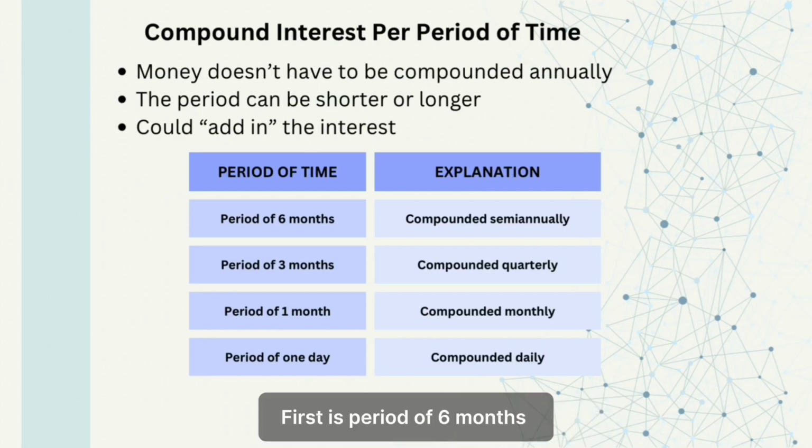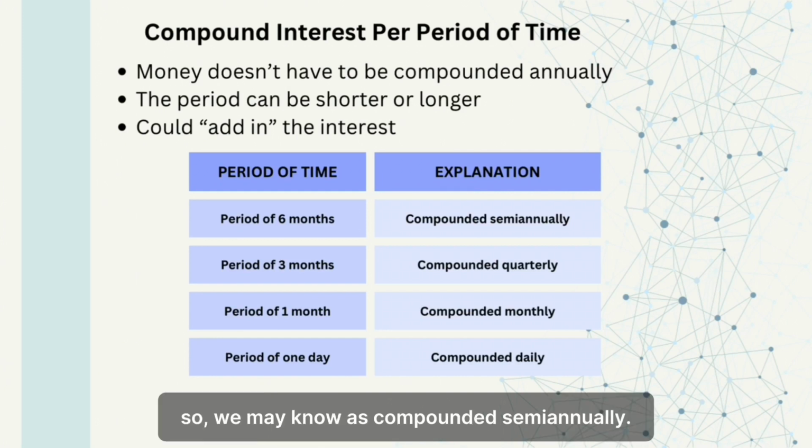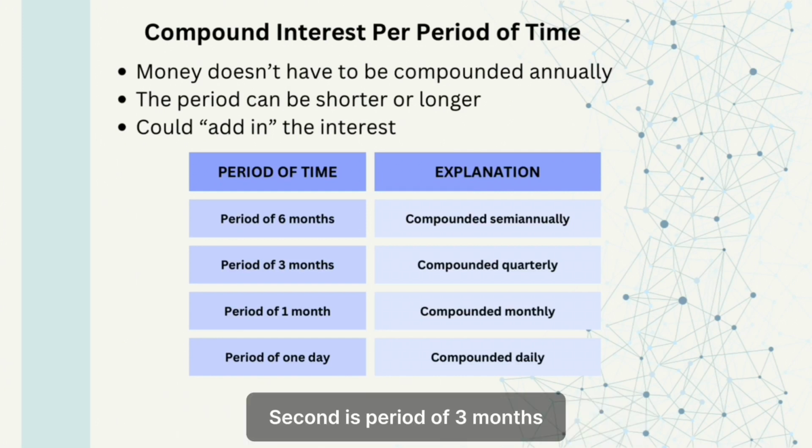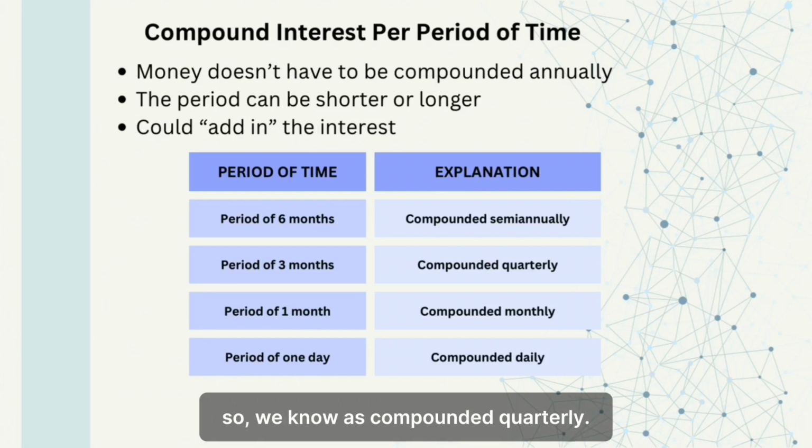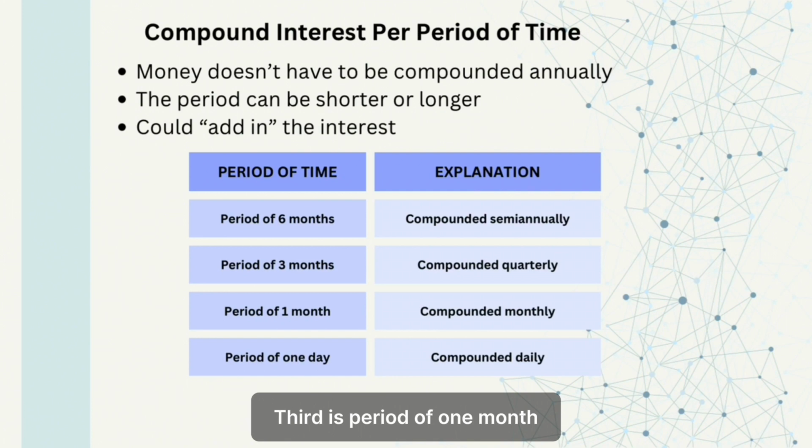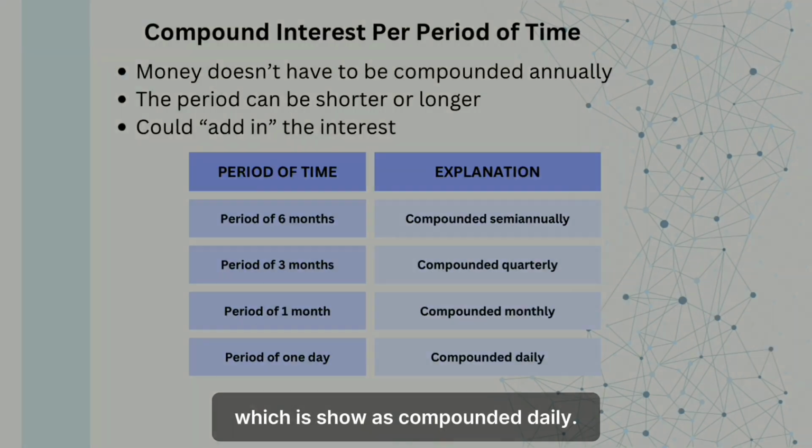First is a period of 6 months, which we know as compounded semi-annually. Second is a period of 3 months, which we know as compounded quarterly. Third is a period of 1 month, which is compounded monthly. And the last one is a period of 1 day, which is shown as compounded daily.